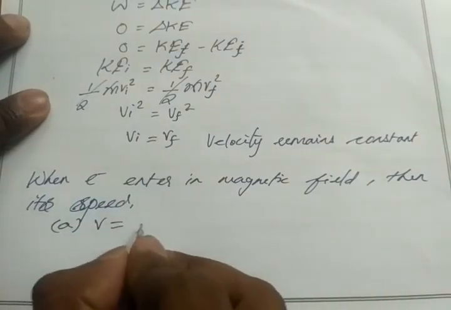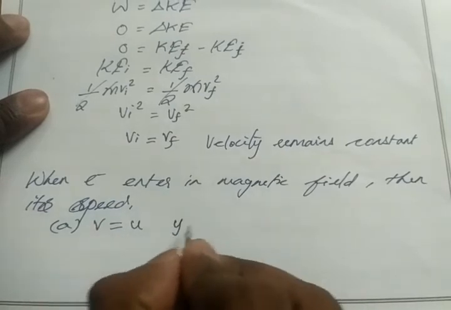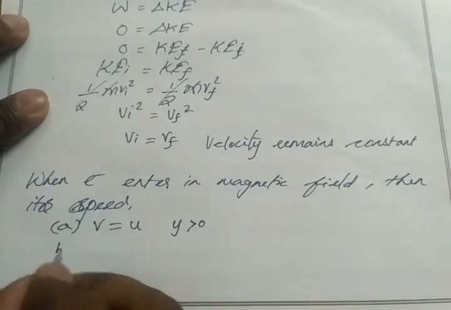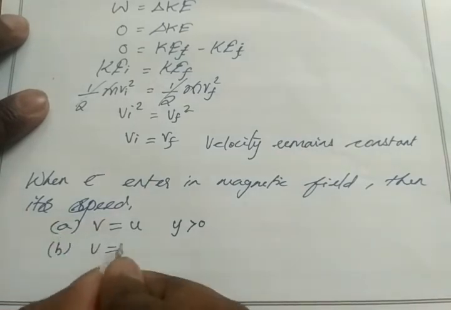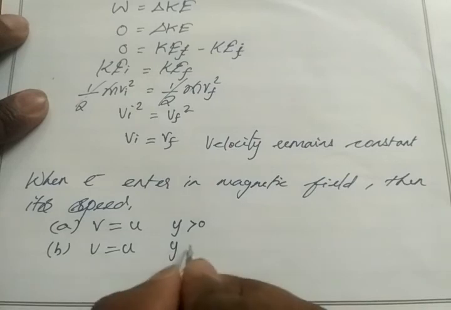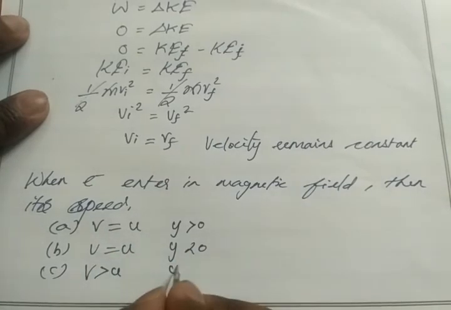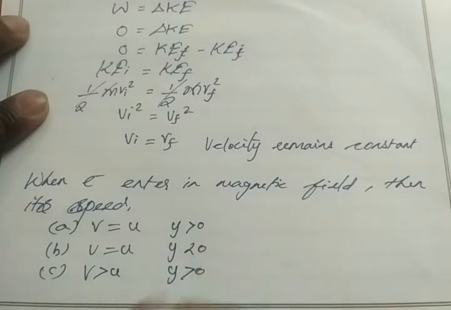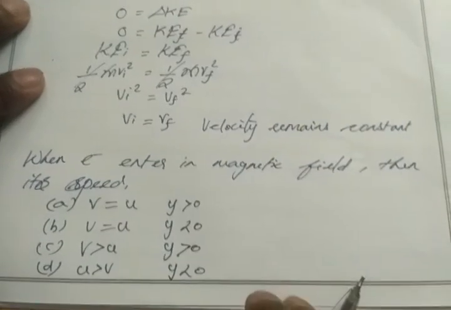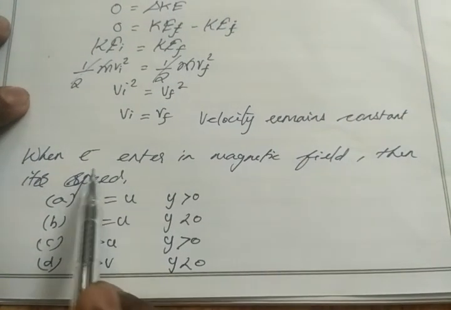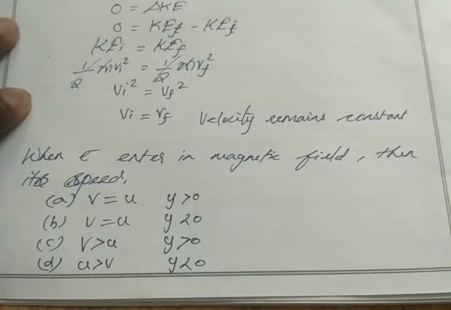Option A, v equal to u, where y is greater than 0. Option B, v equal to u, y is less than 0. Option C, v greater than u, y greater than 0. Option D, u greater than v, y less than 0. So we have four options. When an electron enters a magnetic field, then its speed.